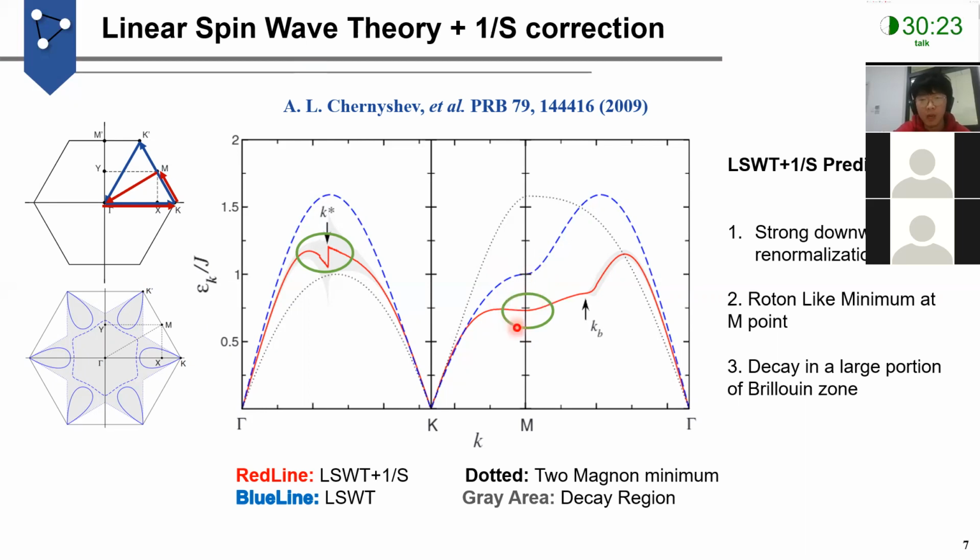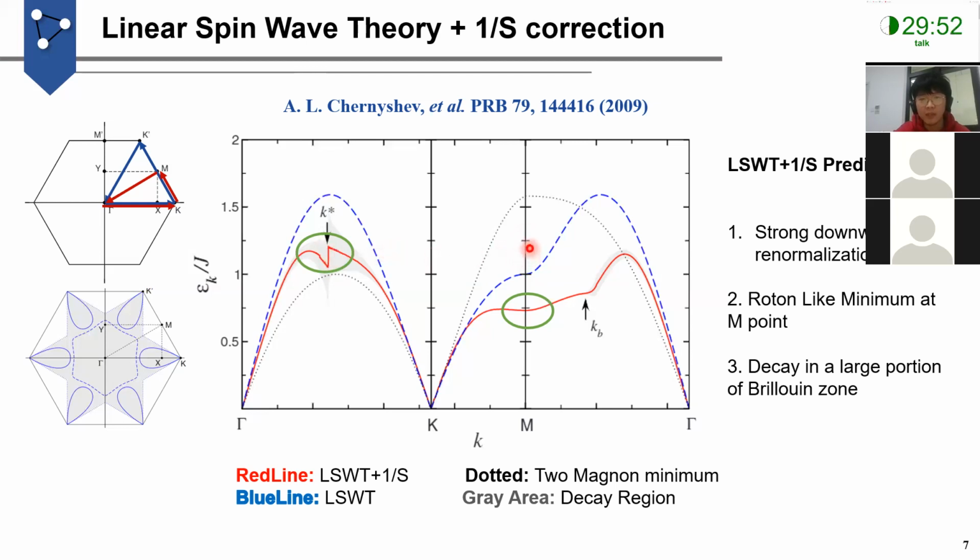However, as we have seen, the experiment has two local roton minima around the endpoint. Another branch of the magnon actually comes from this point. It's because our ground state has magnetic order, so the magnetic Brillouin zone shrinks. So that magnon branch will be folded to this point.